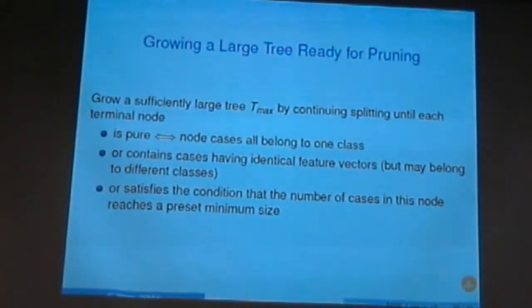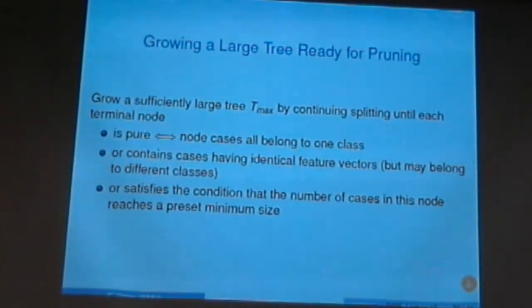That results in too much splitting, actually. So no cases all belong to one class, right? So the nodes are pure for all the terminal nodes. Or the node contains cases having identical feature vectors. If all the feature vectors are identical, there's no way you can further split, right? That's another criterion.